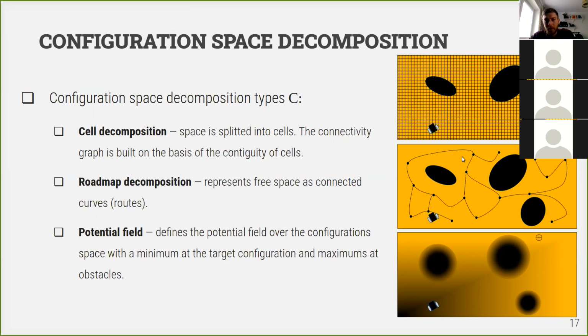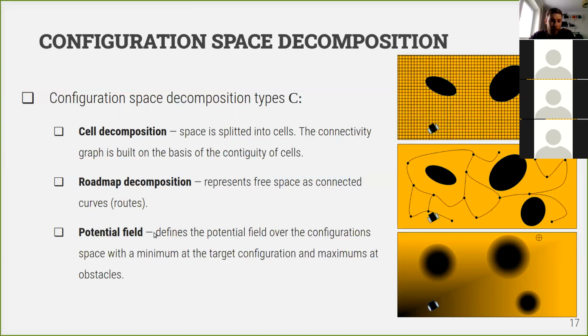There are many algorithms to build these roads. We can discuss several of them, but you can see on the images that we just try to represent free space as a set of curves. And again, of course, these curves have nodes, and this can be represented as a graph. And again, we can use graph search algorithms to find the optimal road in such a decomposition.